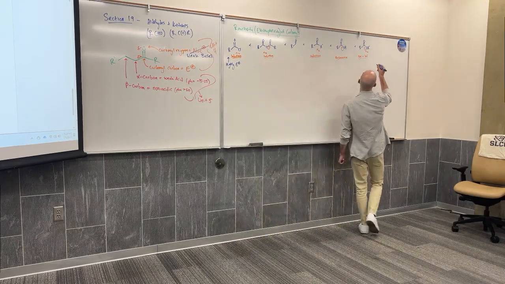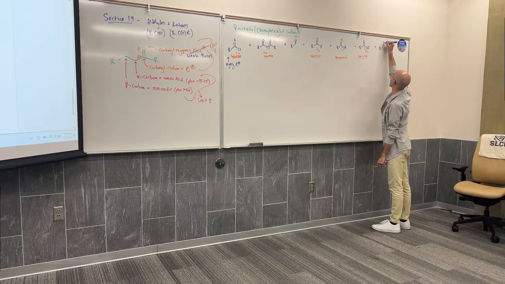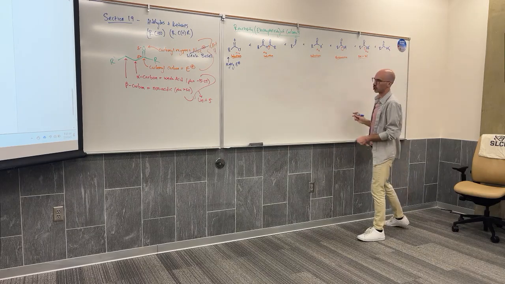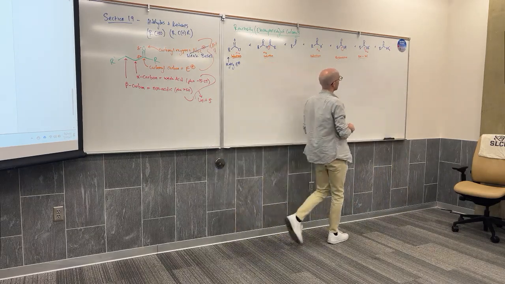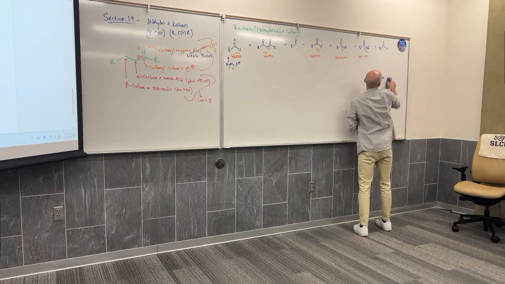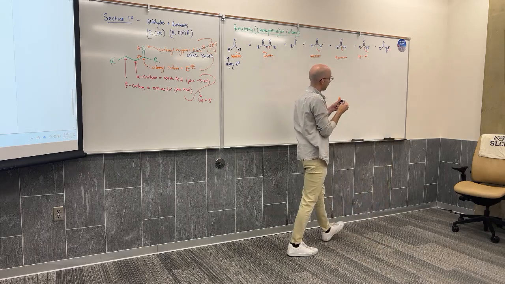After this, we have our amides. Now, what I'm going to put here is R2 prime, but there is another way that we could say this. We could actually say N R prime R double prime.